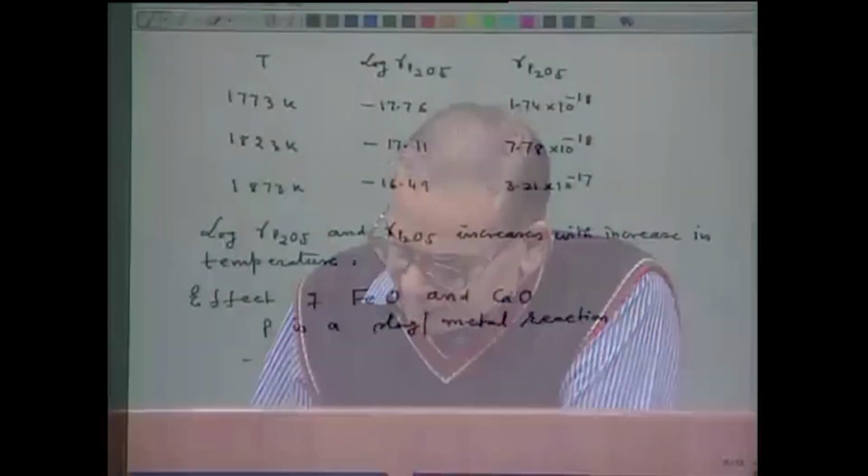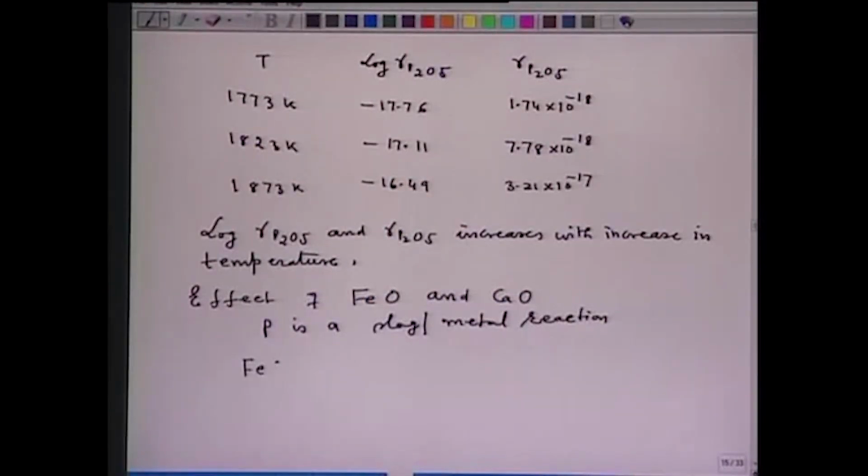Now, as regards the nature of FeO, it can provide oxygen for the reaction, that means it can maintain an oxidizing atmosphere. It is also basic in nature. However, it is a weak base as compared to, for example, calcium oxide.